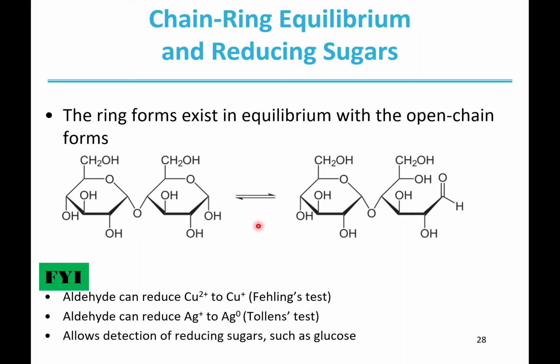These historic tests using copper or silver really can tell you if you have reducing sugars in a sample. So that's where that term comes from. These sugars, because they have aldehydes in them, can reduce these metals in Fehling's test and Tollens' test.